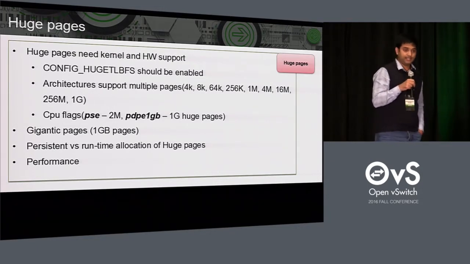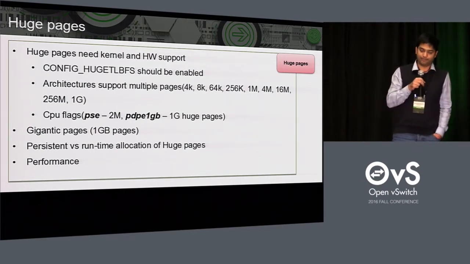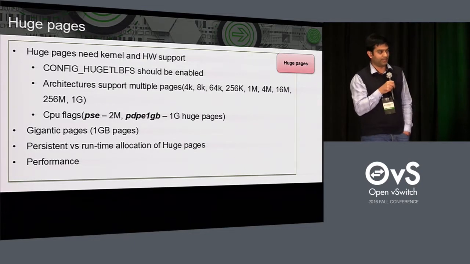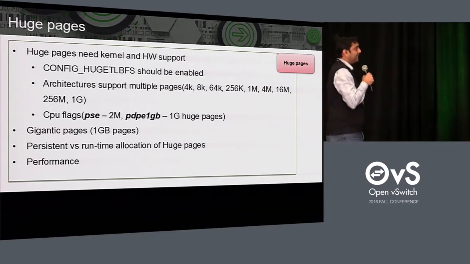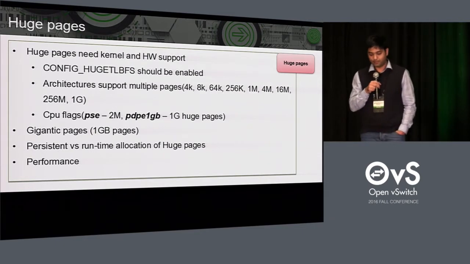That's the reason why the 1 gig pages are called gigantic pages, in fact. It goes without saying that huge pages are a big advantage because you can fit a lot more data into them. As you can see here, different architectures support different page sizes, and there are quite a few of them.